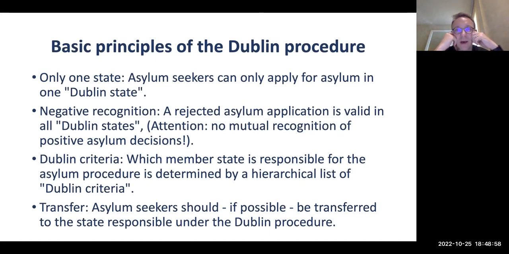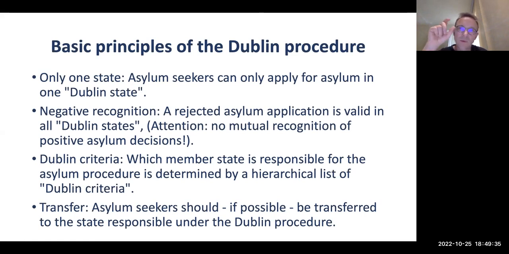The negative recognition is something which has been criticized quite a lot, meaning that the Dublin system mutually recognizes all the negative asylum applications. So if somebody's asylum application is rejected, then it is valid in all Dublin states automatically. But what is very bad is that if you do have a positive outcome, it is not mutually recognized. If somebody has a refugee status, that's very important to highlight, the refugee status is valid only in the country which provides it. For example, somebody who goes through the entire asylum procedure in Italy and receives refugee protection or subsidiary protection, this protection is only valid in Italy.